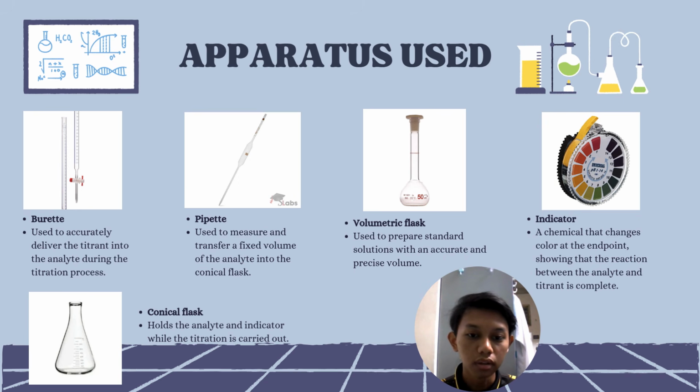Indicator is the chemical that changes color at the endpoint, showing that the reaction between the analyte and titrant is complete. Finally, conical flask is used to hold the analyte and indicator while the titration is carried out.